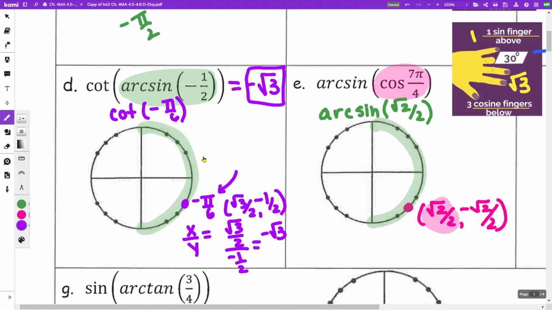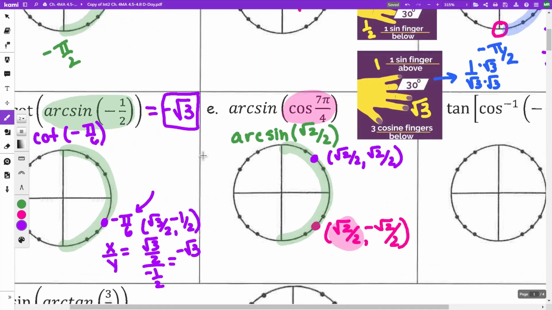Well, my sine is root 2 over 2 here. This is going to be (root 2 over 2, root 2 over 2). But this is where my sine is root 2 over 2. And where is this? This is going to be at pi over 4. So my final answer is pi over 4. That is my final answer.